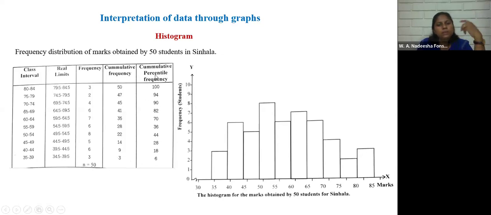How to calculate percentile frequency? First we have to calculate the percentile frequency, then only can we have the cumulative percentile frequency. Is it clear? Or if you want, I can do it again.